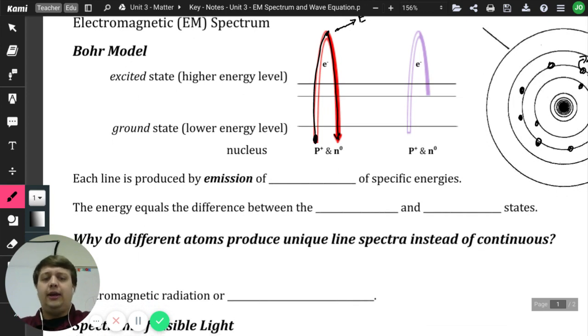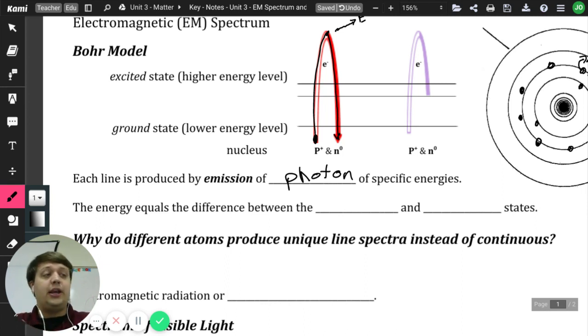Each line produced up here with that jump up and down is where a photon of a specific energy is released. So each line is produced by emission of photons of specific energy.